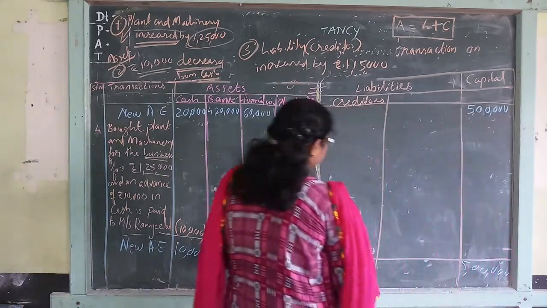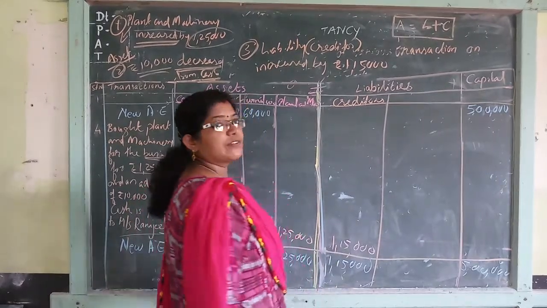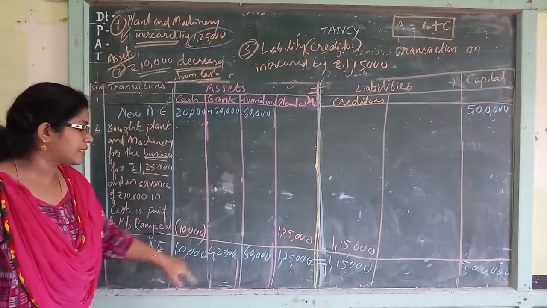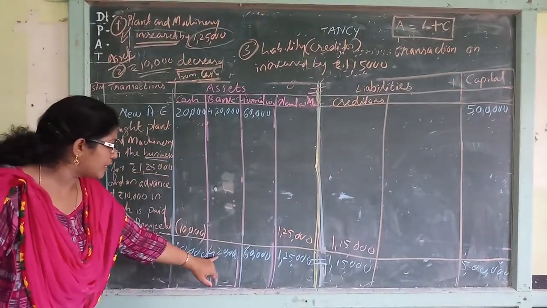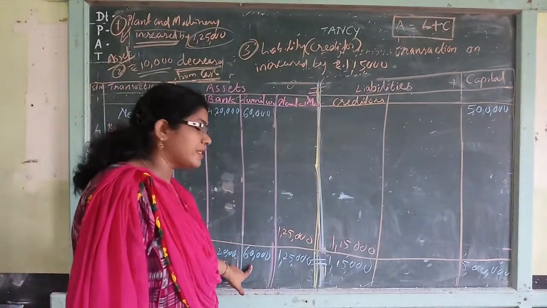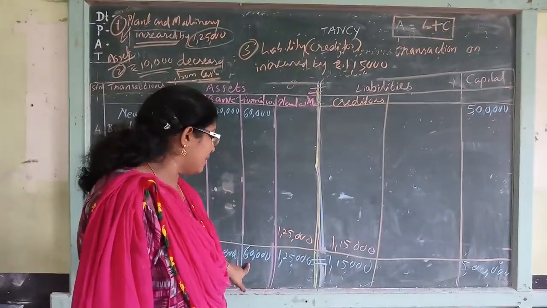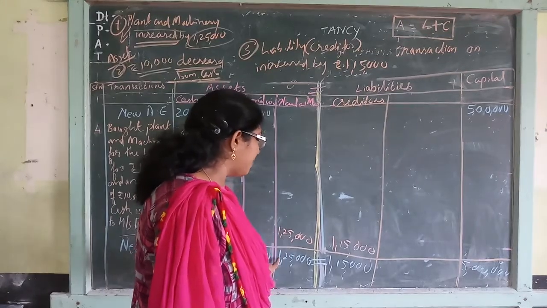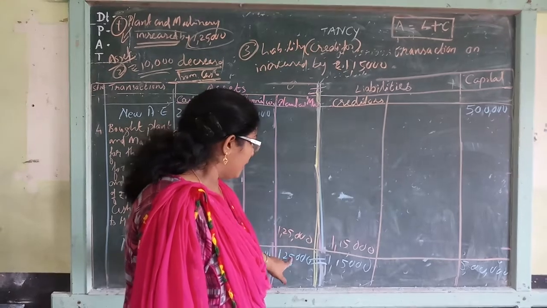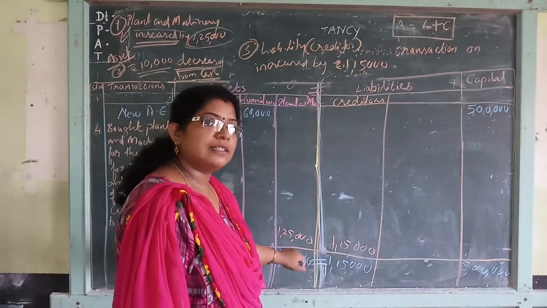So what is the total of liabilities plus capital? 5 lakh plus 1,15,000, 6,15,000 is the total. So now check it. 6,15,000 should also come on this side. 4 lakh plus 10,000, that is 4 lakh 30,000. 4 lakh 30,000 plus 60,000, 4 lakh 90,000. 4 lakh 90,000 plus 1 lakh 25,000, 5 lakh 90,000 plus 10,000 from here, that is 6 lakh 15,000.